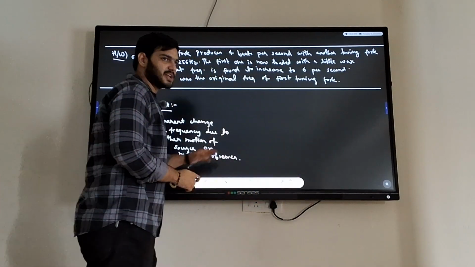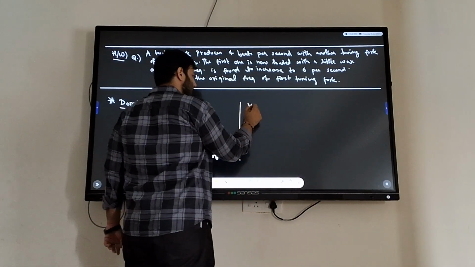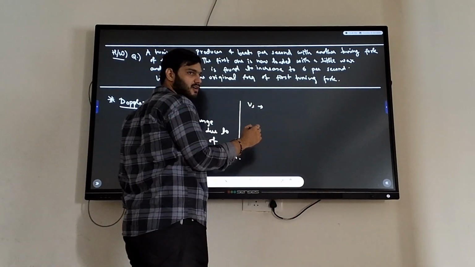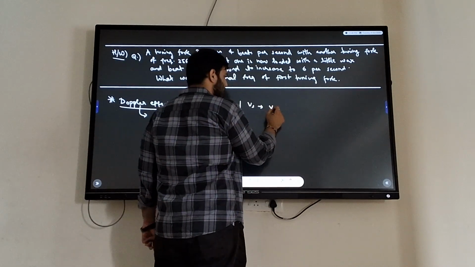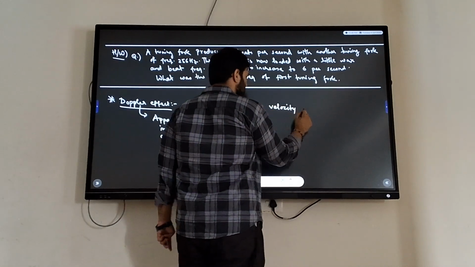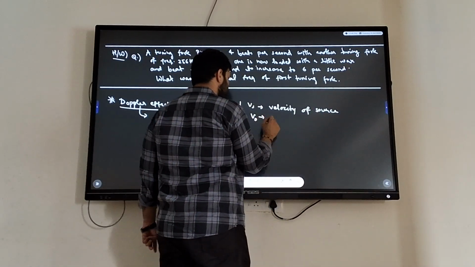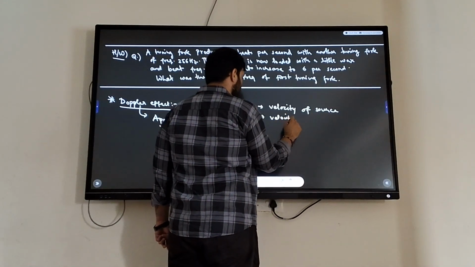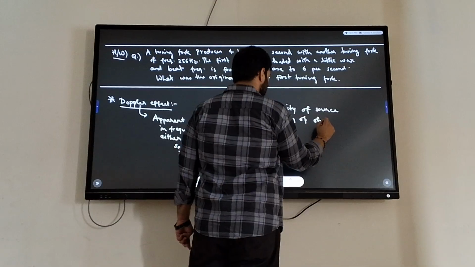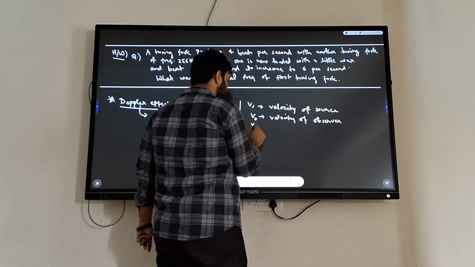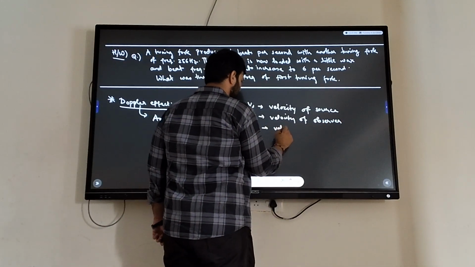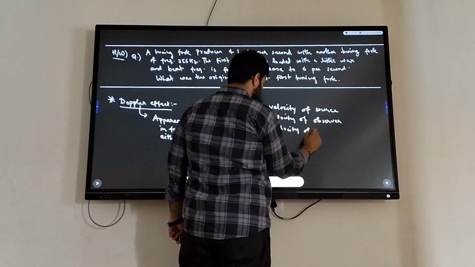And let me give you some terminologies. So Vs will no longer be velocity of sound but velocity of source. Vo, velocity of observer. Vm, velocity of medium.